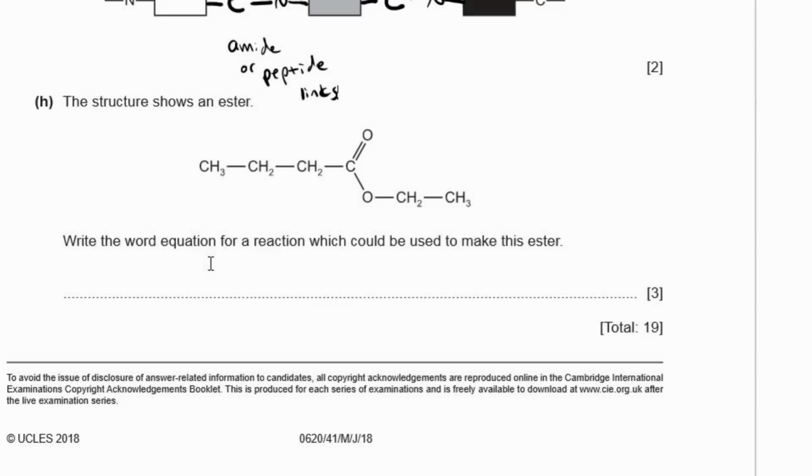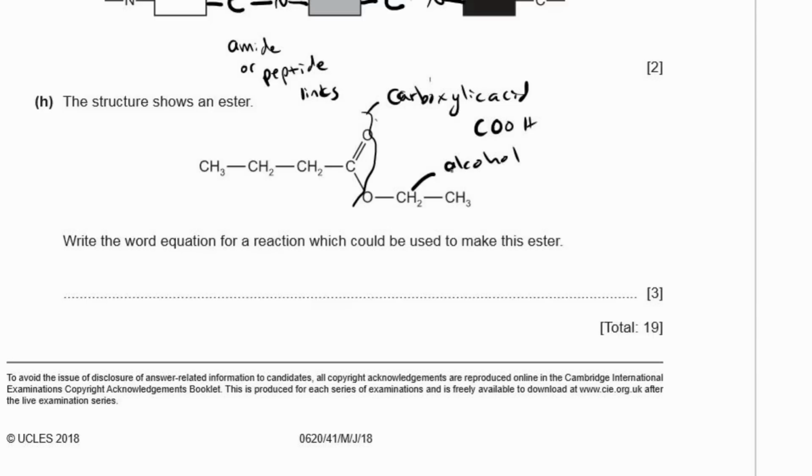And finally, H. The structure shows an ester. Write the word equation for a reaction which could be used to make this ester. Okay, the key thing with esters is this bit is created using a carboxylic acid, and that has to be COOH, and this bit is created using an alcohol.